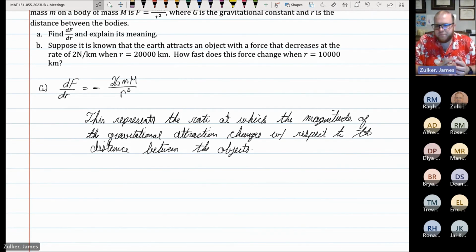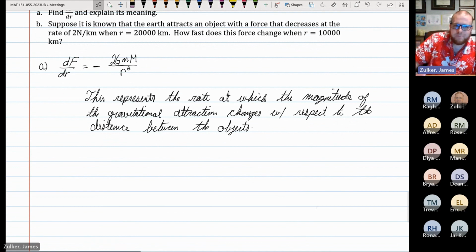So now let's suppose it is known that the Earth attracts an object with a force that decreases at the rate of 2 Newton per kilometer when r is 20,000 kilometers. How fast does this force change when r is 10,000 kilometers? All right.